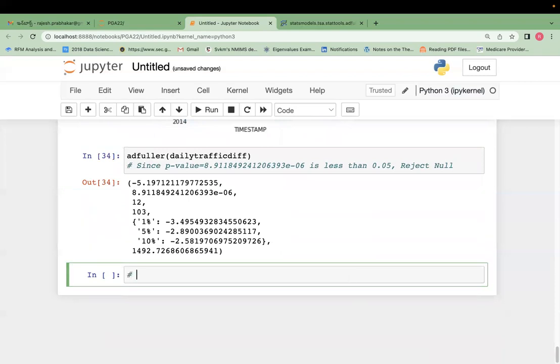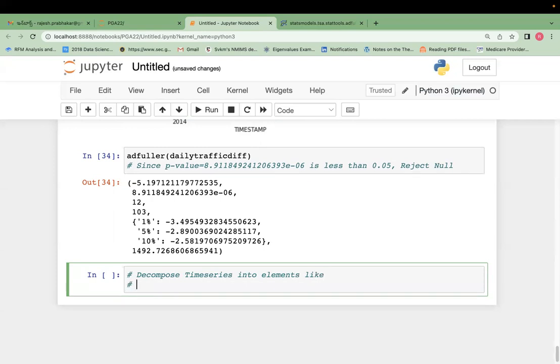The next step is decompose time series into elements like trend. You have an uptrend, you have a downtrend, you will have a neutral trend.